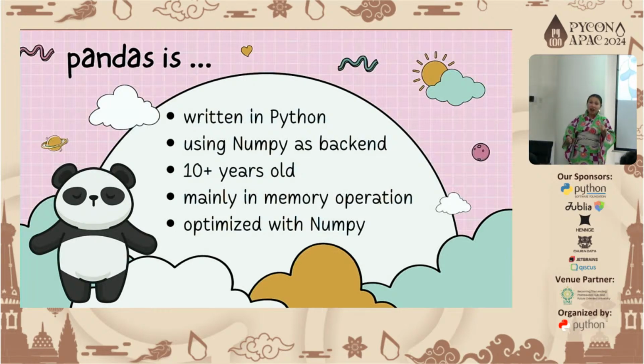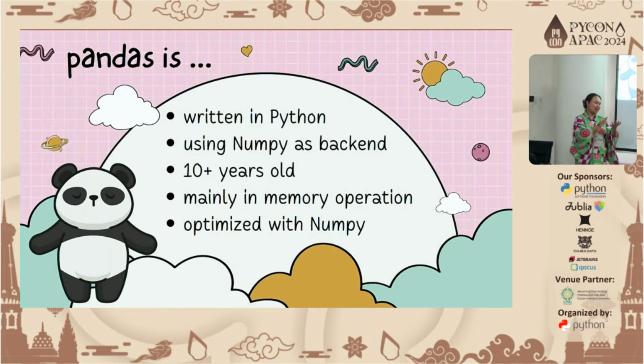And NumPy actually uses a lot of C extensions. So that's why pandas is not super slow, even though, of course, now we want something faster. Pandas is quite a mature project. I won't say it's old, but it's very mature.